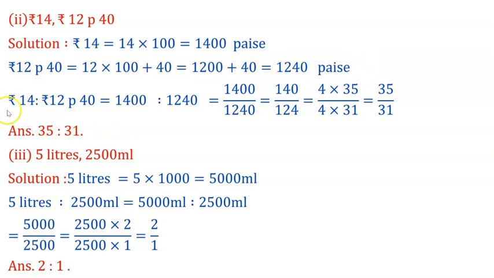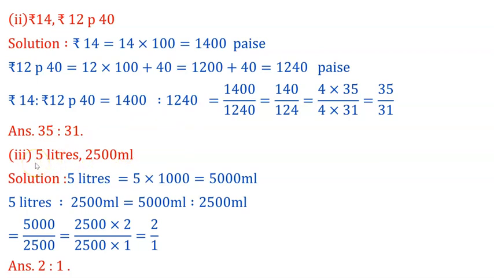Now the required ratio is 1400 upon 1240, and after simplification you will get 140 upon 124. Next, 140 can be written as 4 into 35. 124 can be written as 4 into 31. This 4 gets cancelled, you will get 35 upon 31, and hence the answer is 35:31.